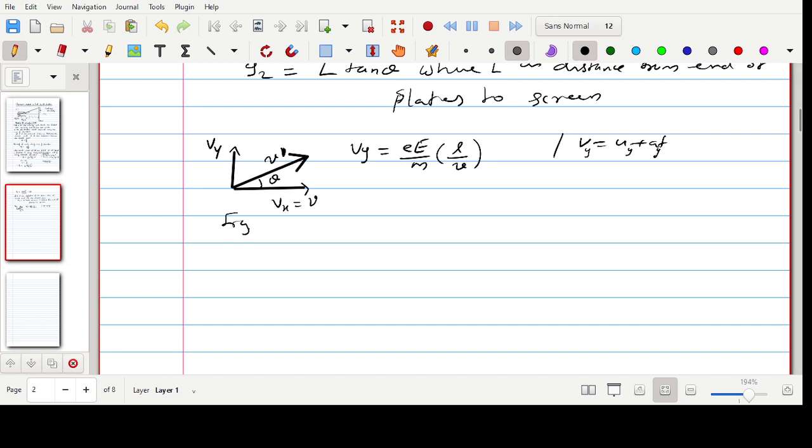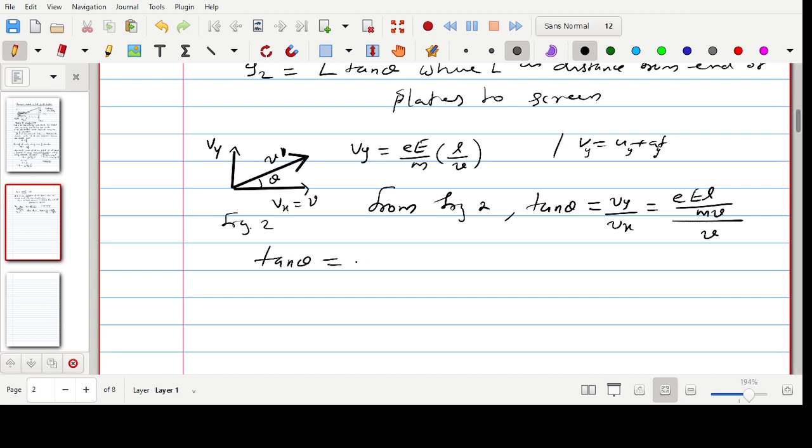Now from figure find tan theta. This I am taking it as figure 2. From figure 2, tan theta equal to Vy by Vx equal to eEL by mV divided by V. So this will be tan theta equal to eEL by mV square.